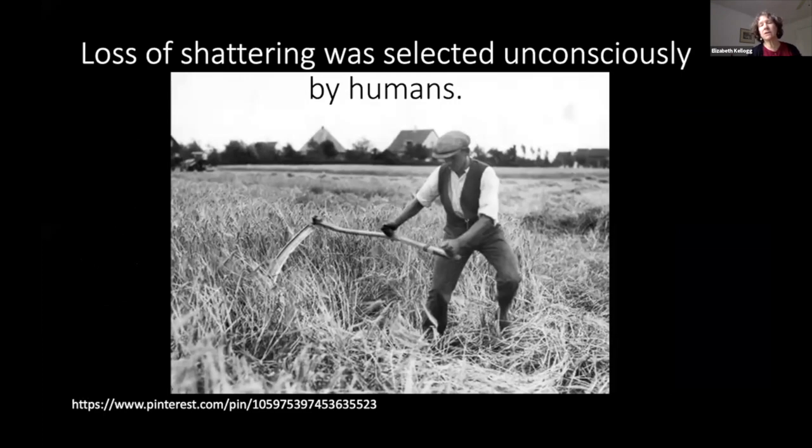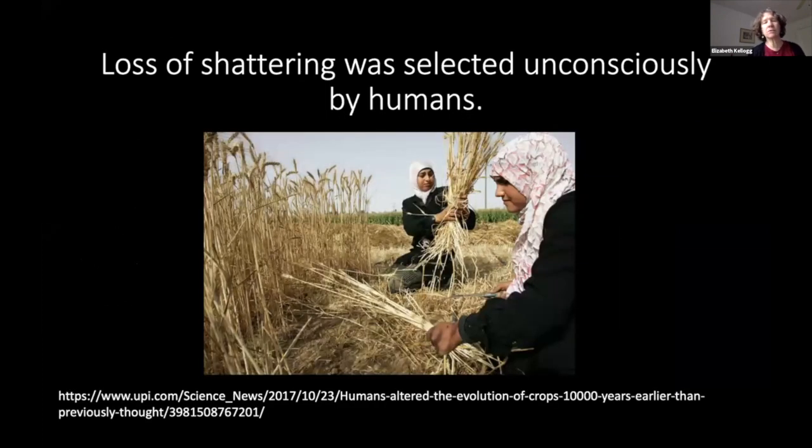If you're going out and selecting, as this guy is here, harvesting with a scythe, and then as these women are doing here, wrapping the stalks into sheaves, obviously what you're doing is selecting for plants in which there's no abscission. That is, the seeds are on the plant. Any seeds that are falling off end up in the mud and you don't collect them. And so you're automatically selecting for the loss of shattering.